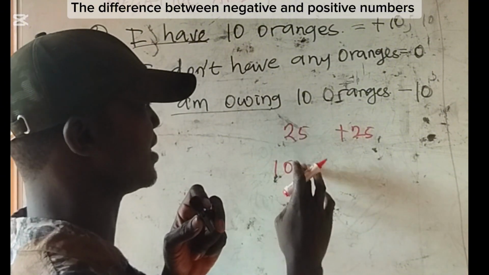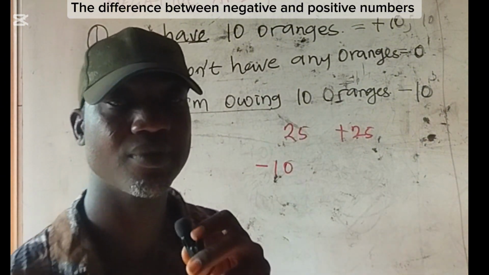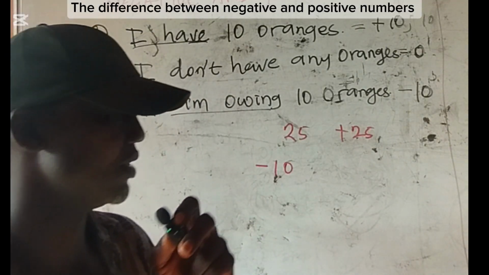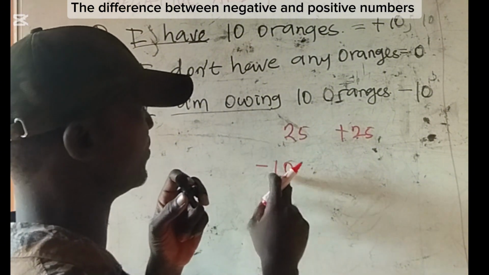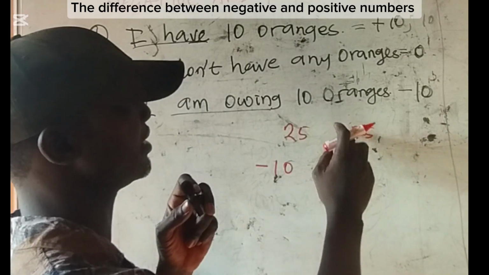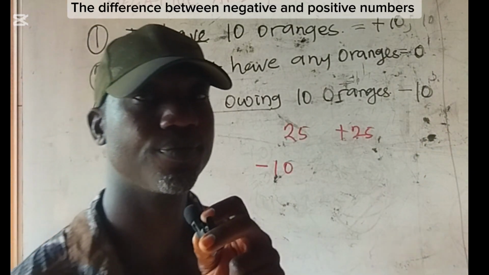No. The sign of the number will always come at the front, before the number. This is also very important. Very, very important. Take note of it. If you want to write a negative number, the sign will always be at the front. If you want to write a positive number and indicate plus, the sign should also be at the front.